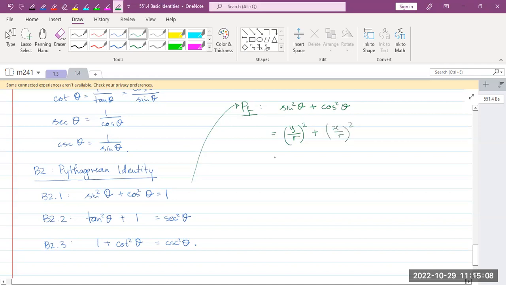Now this becomes y squared over r squared plus x squared over r squared, which is y squared plus x squared over r squared because they already have a common denominator. But at the same time, we know that x squared plus y squared is the same as r squared. Right? That's why we call this the Pythagorean identity. So that's the proof for B21.